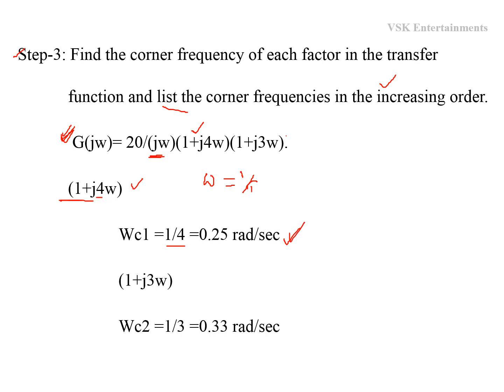Similarly for the other factor, omega c2 = 1/3, since tau is 3, that is 0.33 radian per second. These are the corner frequencies. Since 0.25 is less than 0.33, the first is the first corner frequency and the other is the second corner frequency for the given transfer function.